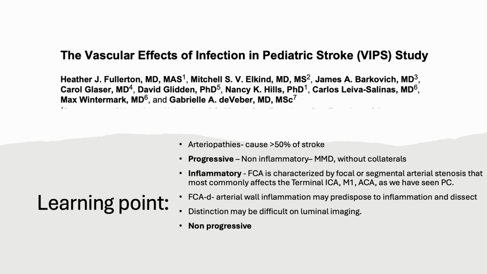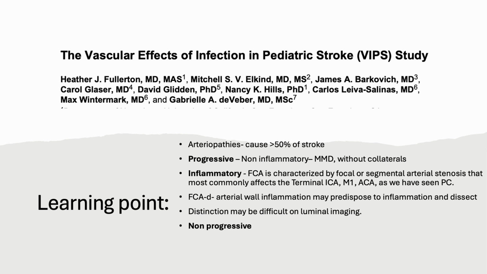Now, the VIPS trial in particular has shown the vascular effects of infection in pediatric stroke, and there has been a clearly documented increased risk of childhood stroke, childhood acute ischemic stroke in particular, 1 week after infection, particularly with varicella zoster virus, and particularly in poorly vaccinated children. A significant proportion of these children can go on to develop an arteriopathy, and in those children who develop an arteriopathy, there is a 5-fold increase in stroke recurrence.